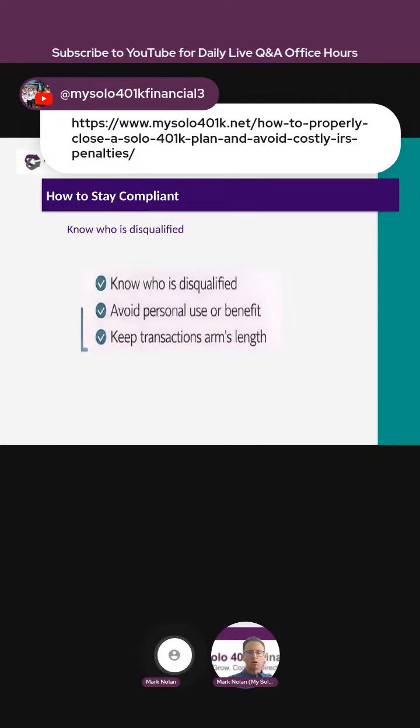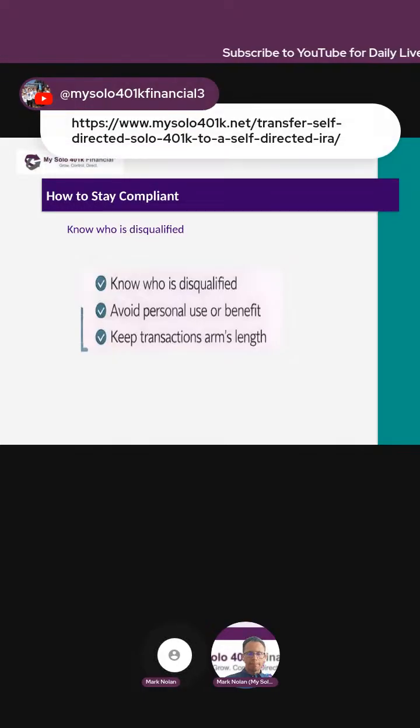You would need to work with your county recorder and have that property granted to the self-directed IRA custodian. And then we would help you to close the solo 401k plan by issuing a Form 1099-R to report the full non-taxable transfer, actually a direct rollover, and then a final Form 5500-EZ. But take a look at those links I just shared with you.